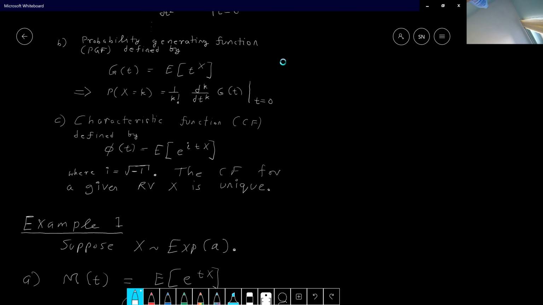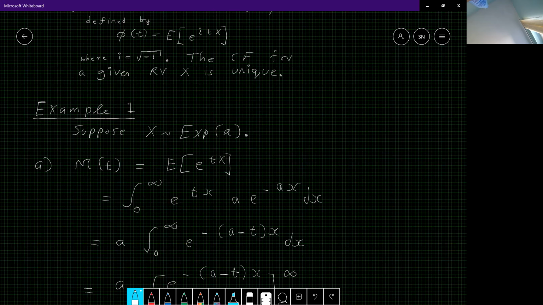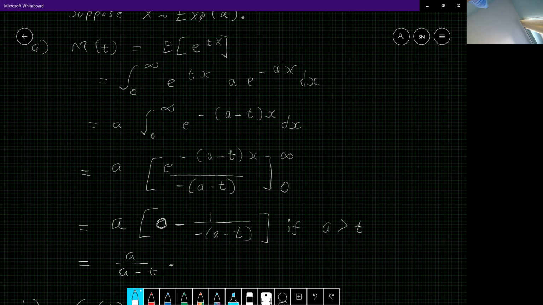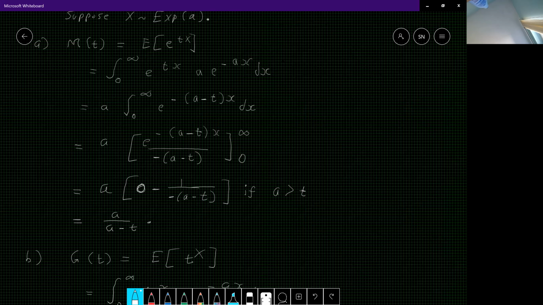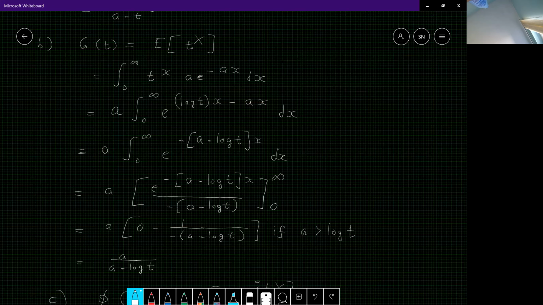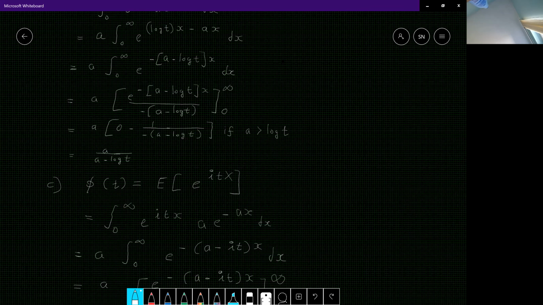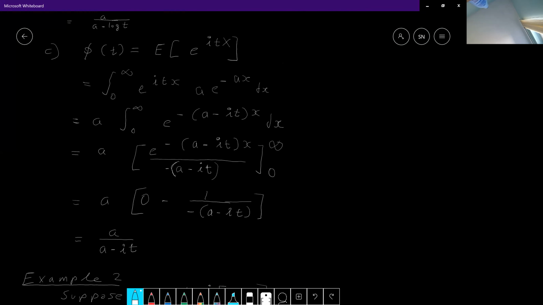Then I did one example where I derived the MGF. This is the derivation for the MGF. I derived the PGF, which is this one, and I also derived the characteristic function, which is this one. That's example one.